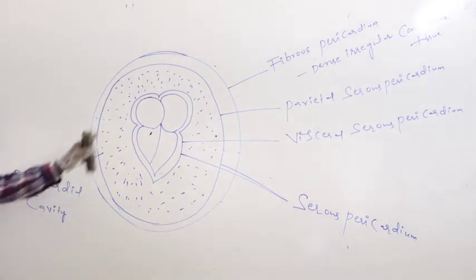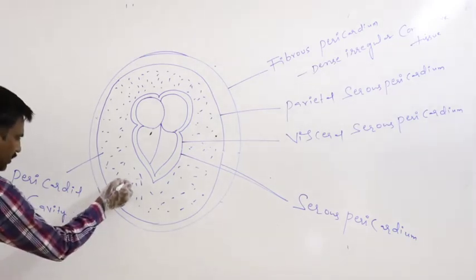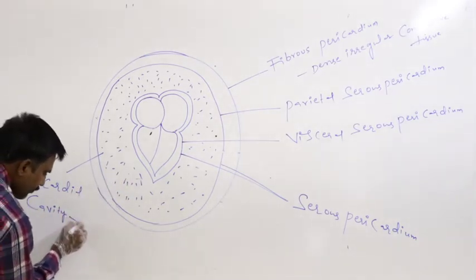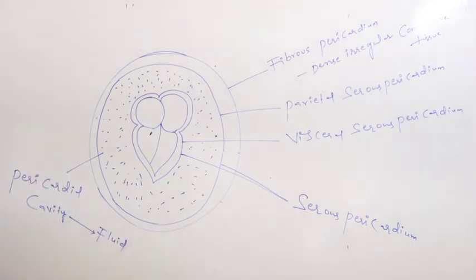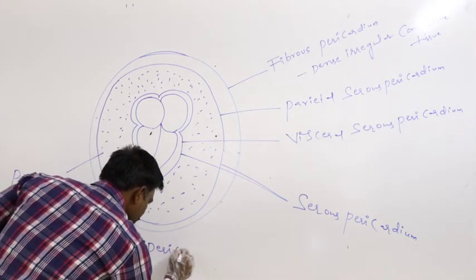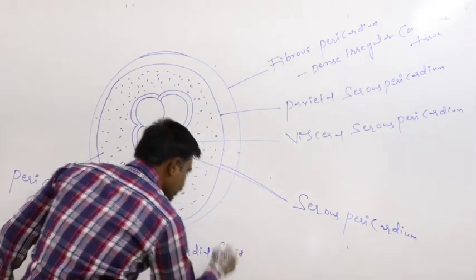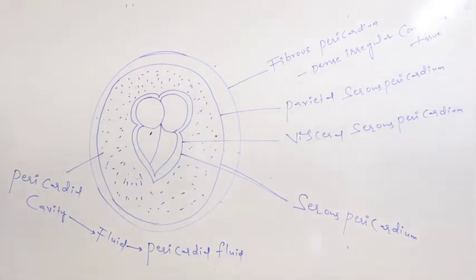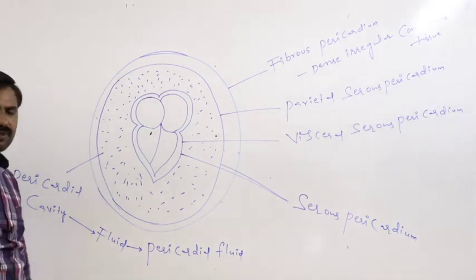The fluid present in the pericardial cavity is said to be the pericardial fluid. Specifically, the fluid present in the pericardial cavity is the pericardial fluid.